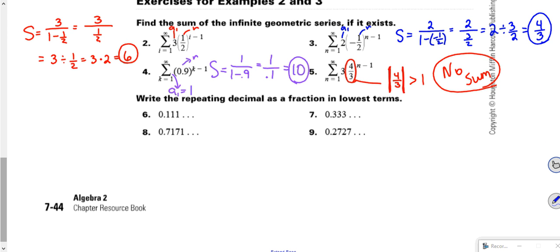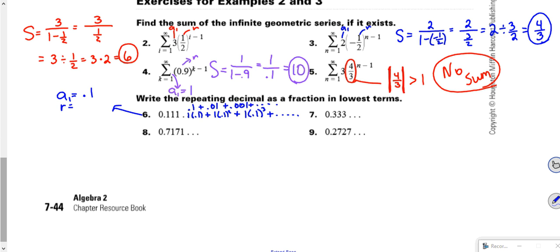Number 6. Write the repeating decimal as a fraction in lowest terms. Now, again, let me remind you, this is like 0.1 plus 0.01 plus 0.001, which is 1 times 0.1 plus 1 times 0.1 squared plus 1 times 0.1 cubed plus and so on. So my A1 term, my first term, is just going to be the 0.1.